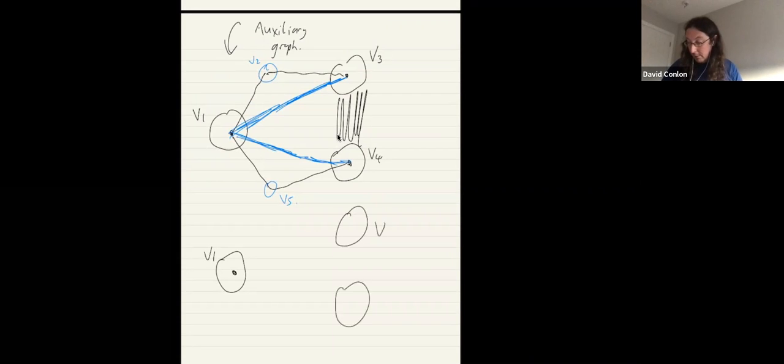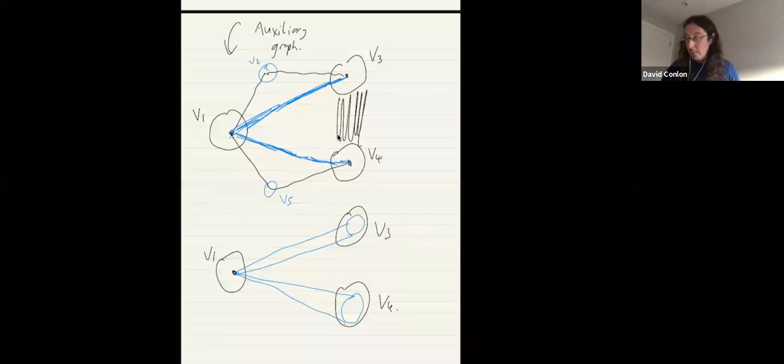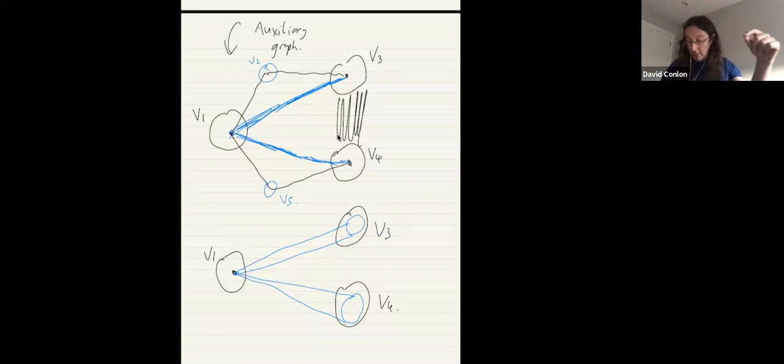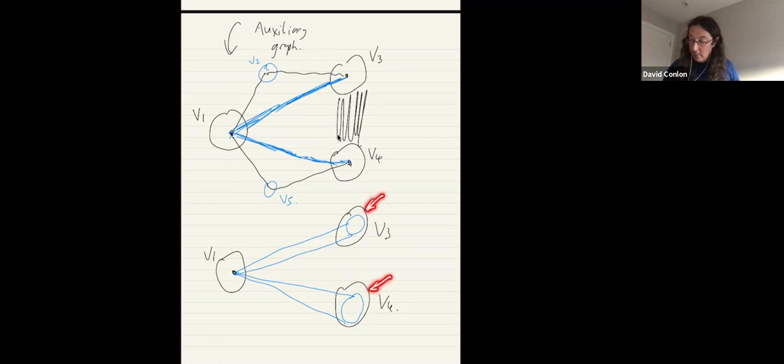Because this is a dense graph, I can look at its neighborhood, and its neighborhood over here is typically some reasonably large thing. So V1 in this auxiliary graph has a large neighborhood over here and a large neighborhood over here. Then because of regularity, I can guarantee that the number of edges between those two sets is still fairly large.